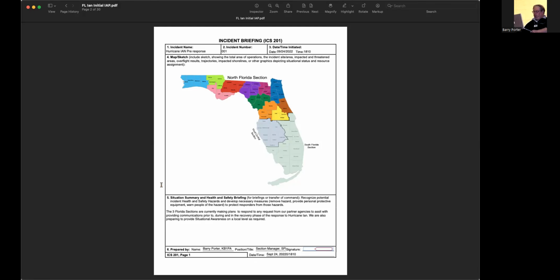It says we're making plans to respond to requests from our partner agencies to assist with providing communications prior to, during, and in the recovery phase of the response to Hurricane Ian. We're currently in the recovery phase right now. We're also preparing to provide situational awareness on a local level as requested, and we did that very closely working with the National Weather Service and Skywarn.